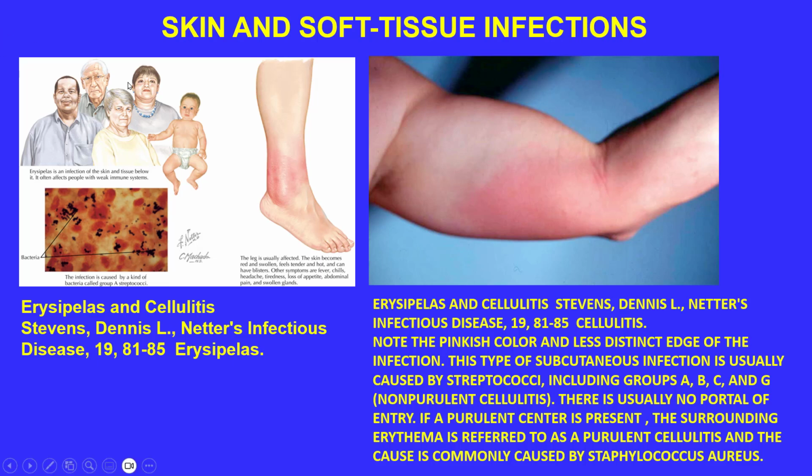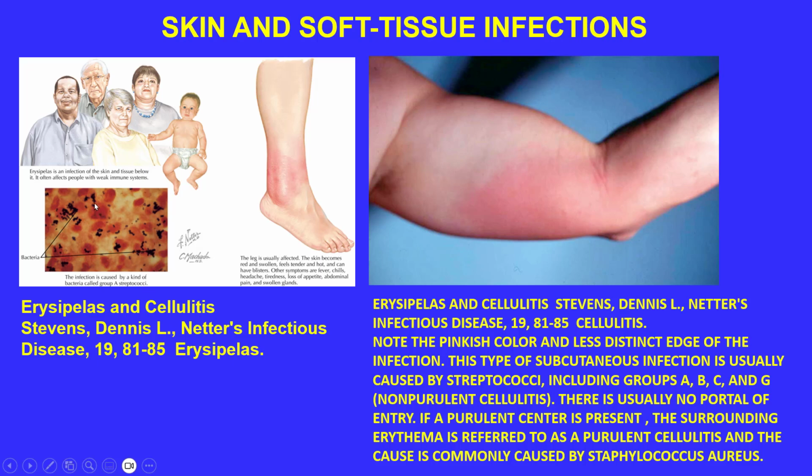Basically, what you have with erysipelas is an infection of the skin and tissue below it, and it will affect people with weak immune systems. So what do you have? You have a lot of older persons here. You've got a very young little person here, okay? And so what you have here is the group A streptococci.